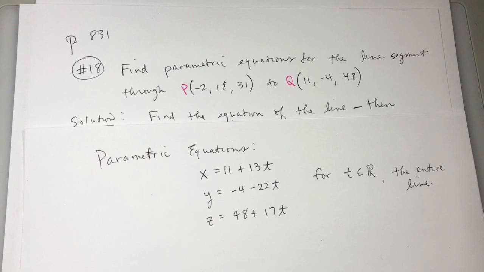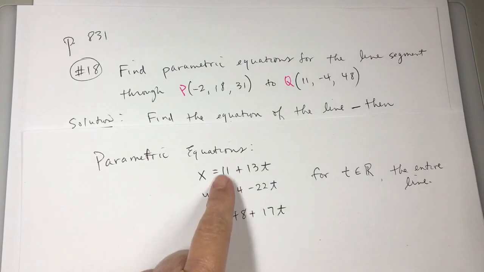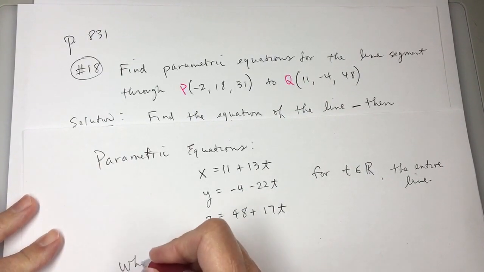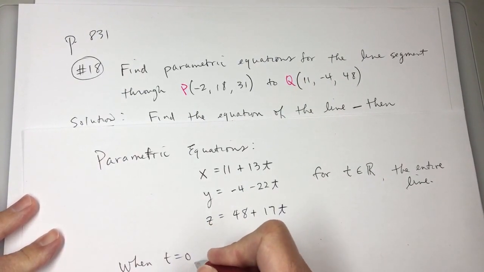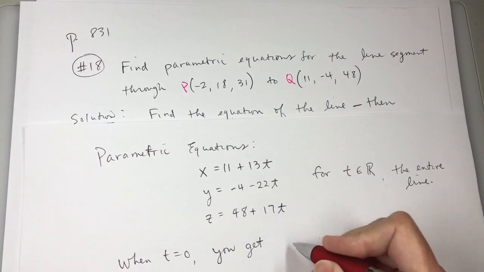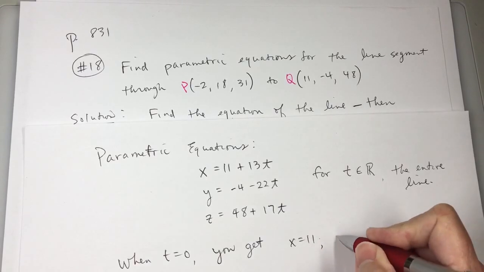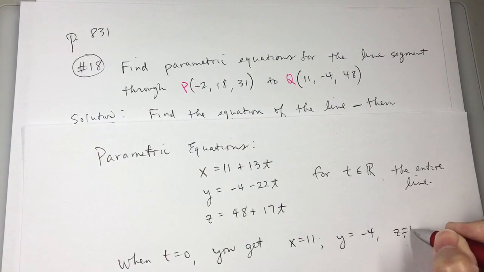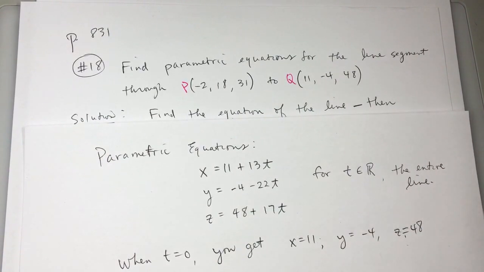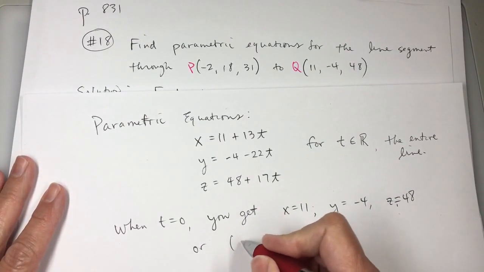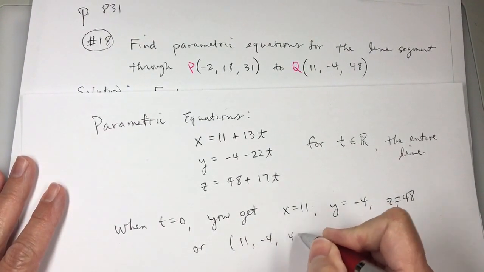You get Q. When t is 0, you get 11, negative 4, 48. x equals 11, y equals negative 4, z equals 48. You get point Q, or 11, negative 4, 48.